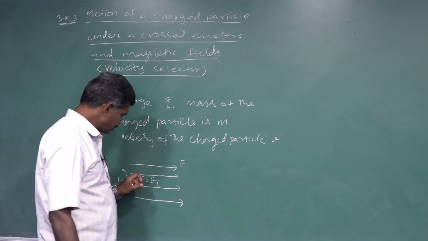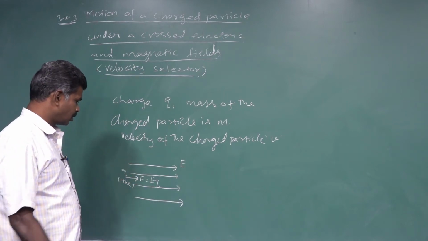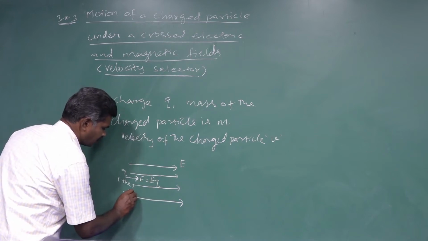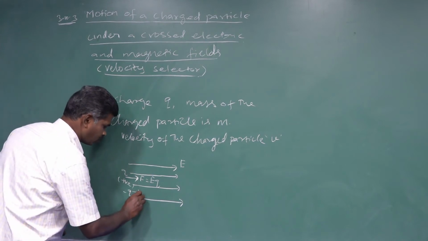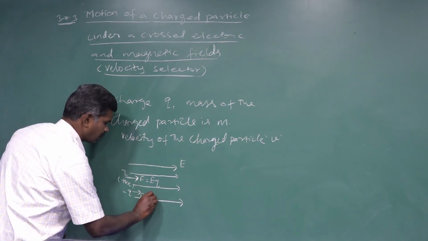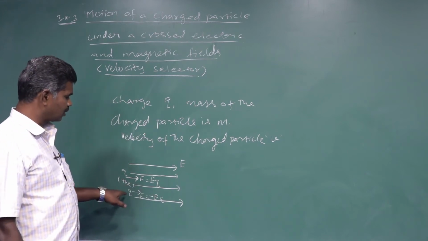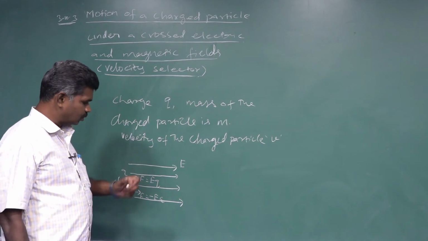Suppose it is a negative charge, what happens? Minus Q is taken, and if it enters with velocity v, the force can be expressed as F is equal to minus EQ. That force is acting opposite to the direction of motion of the charge.